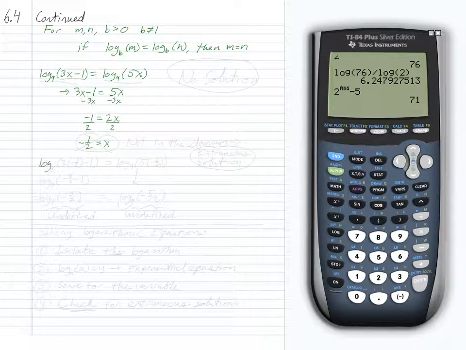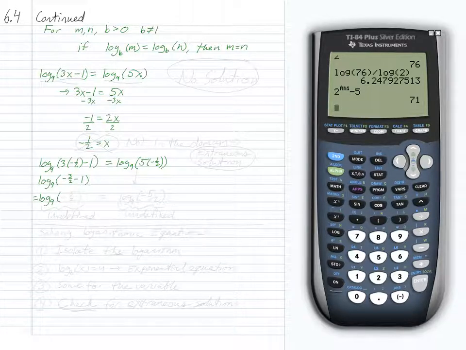Is log base 9 of 3 times negative 1/2 minus 1 equal to log base 9 of 5 times negative 1/2? Well, my argument on the left-hand side is negative 3/2 minus 1, which is negative.